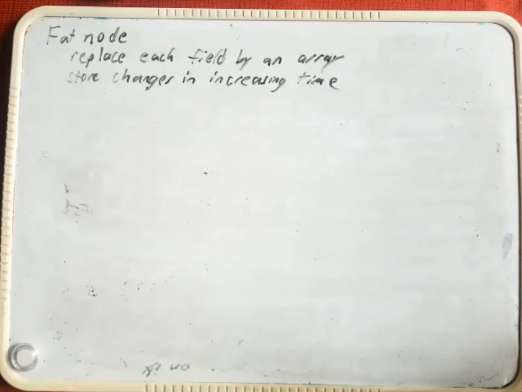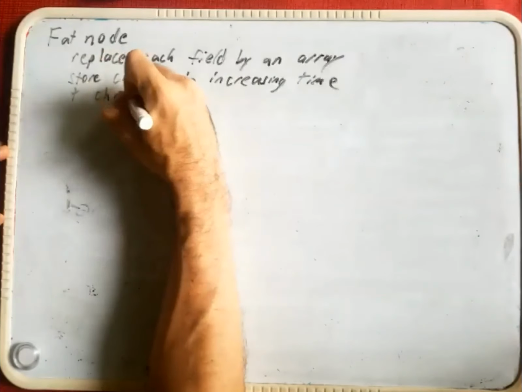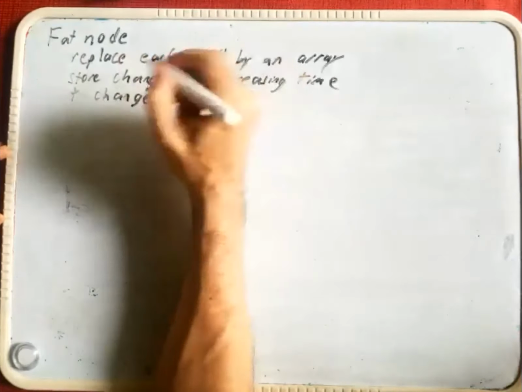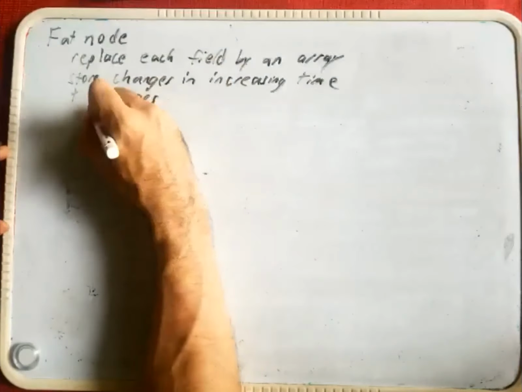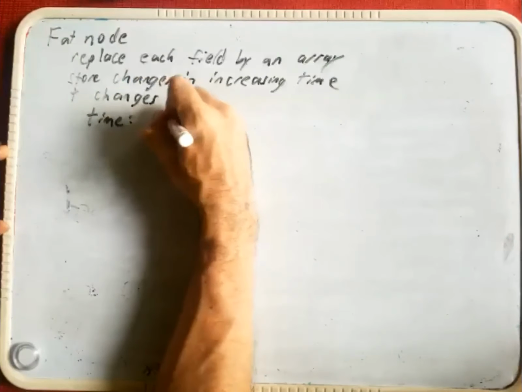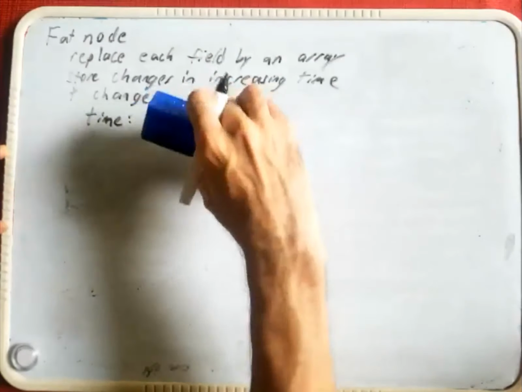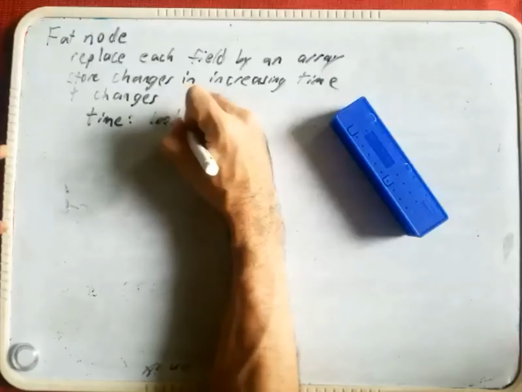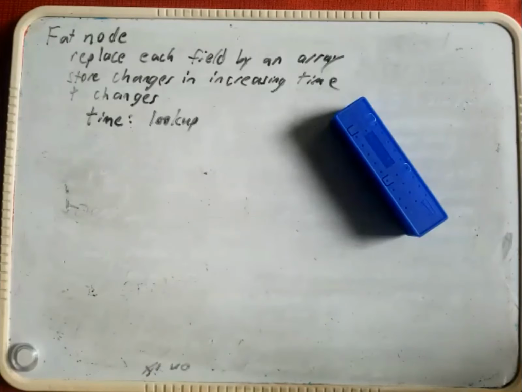So if we do this, after we've made t changes to the field, what is the time for a lookup in this array?